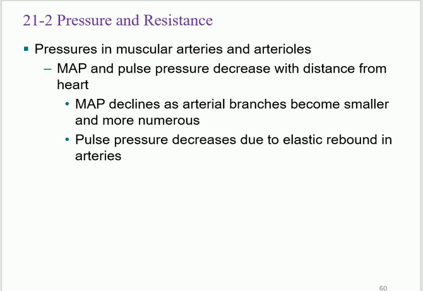Meaning, if systolic is, let's say, 120, okay, and diastolic is 60, just to make it easy. What's the difference? 60. What do you call the 60? Pulse pressure, right? If I ask you what's the MAP, it is the diastolic, which is 60, plus a third of the pulse. So that will be 80, right?